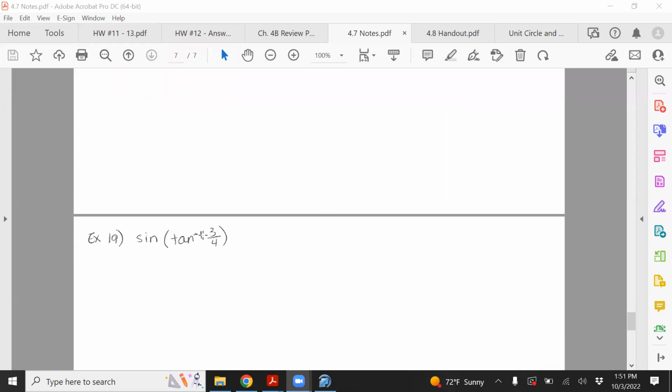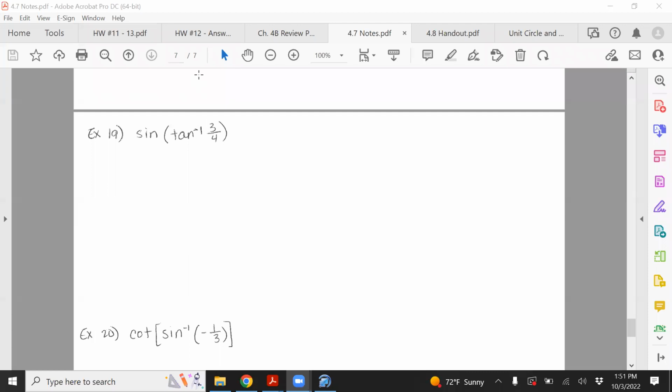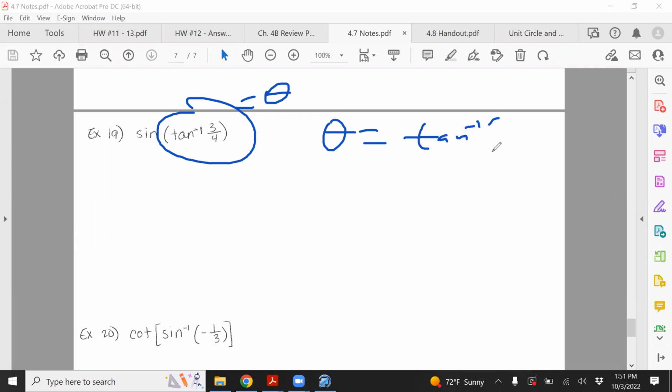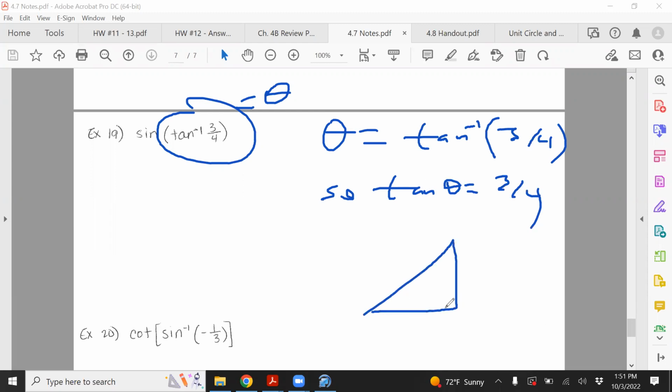So let's try again for example 19. Okay, this is theta. Theta equals inverse tan of 3/4. So what does tan theta equal? 3/4, right? Draw a triangle. Theta, 3 and 4.